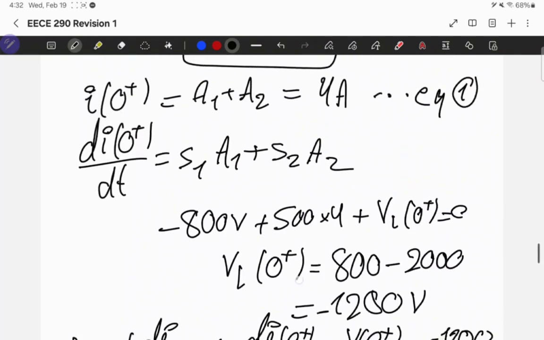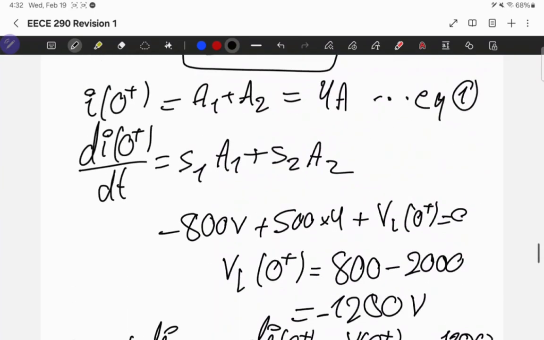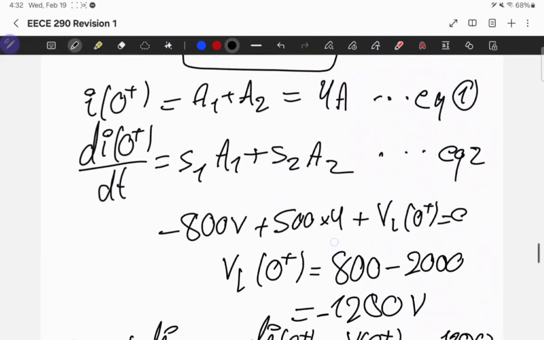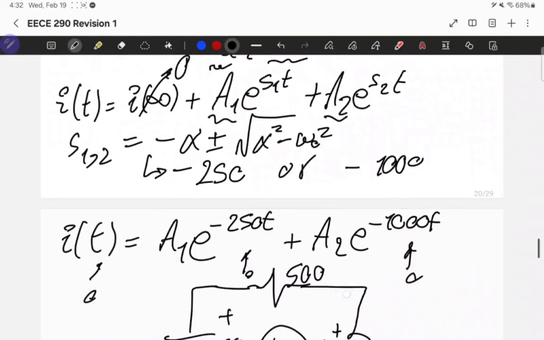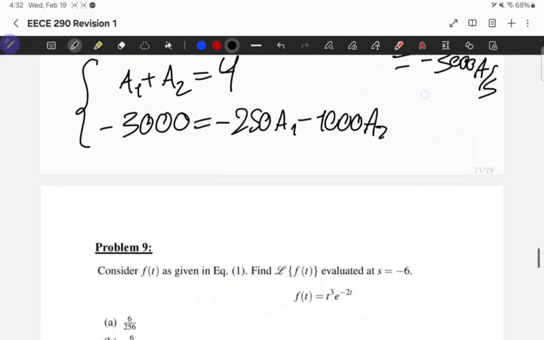So now I have two equations and two unknowns. So I have A1 plus A2 is equal to 4. Equation number 1. Equation number 2 will give me minus 3000 is equal to s1 A1, s1 is minus 250, A1 minus 1000 A2.